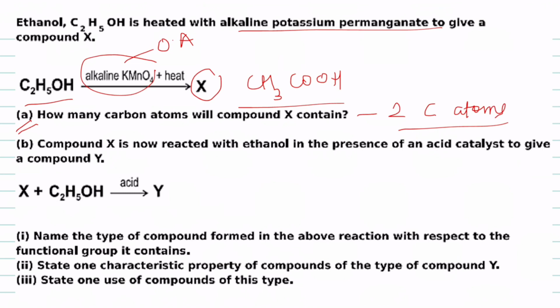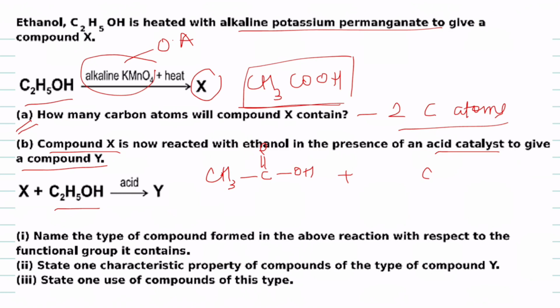Moving on, compound X is now reacted with ethanol in the presence of an acid catalyst to give compound Y. So when acid is reacted with alcohol, what do you get? See, this is your acid.